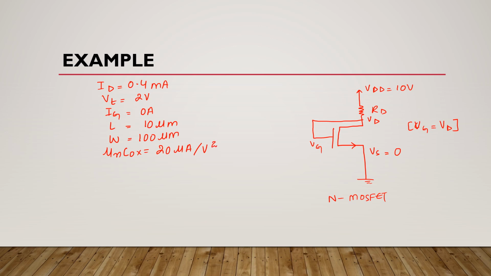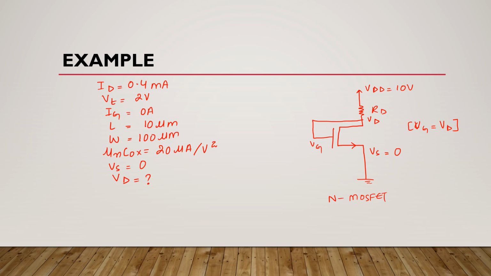Okay, and we know that here Vs is 0 and you have to find the value of drain voltage here. So how are you going to start your analysis?